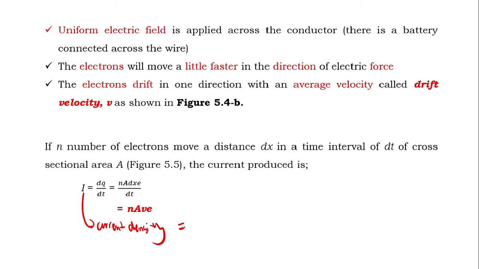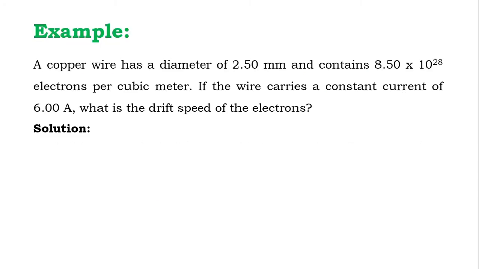So current density equal to this one, I = nAve. n is a number of electron, A adalah area, v is the average velocity ataupun drift velocity, e itu adalah electron charge, value yang 1.6 tadi tu. So formula ni kena hafal: I = nAve.